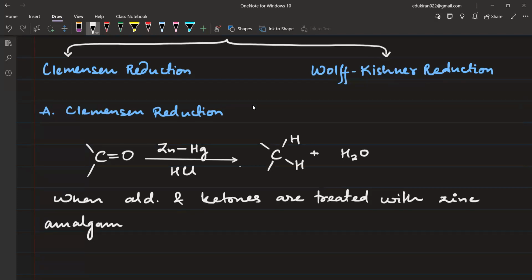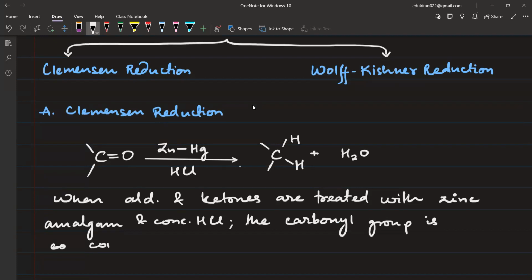So with zinc amalgam and concentrated HCl, the carbonyl group is converted to CH2. Carbonyl, that is C double bond O, is converted to CH2.